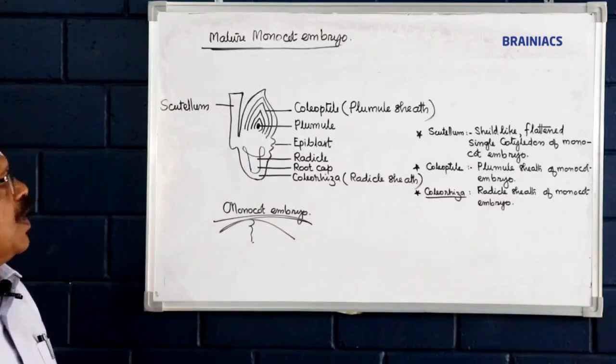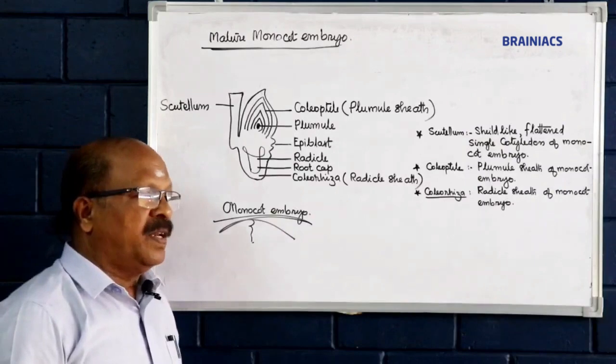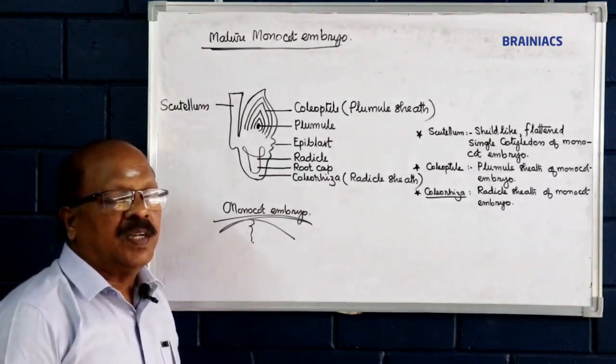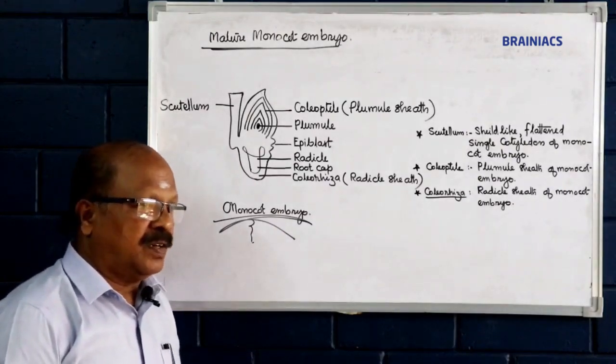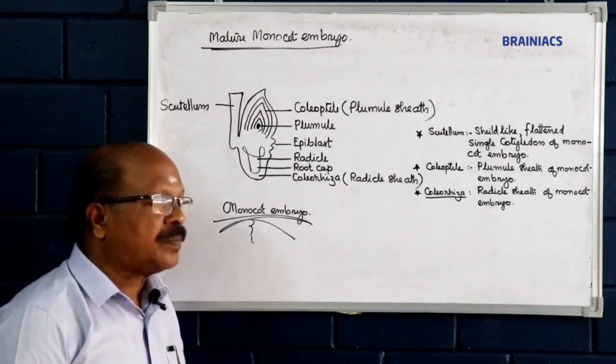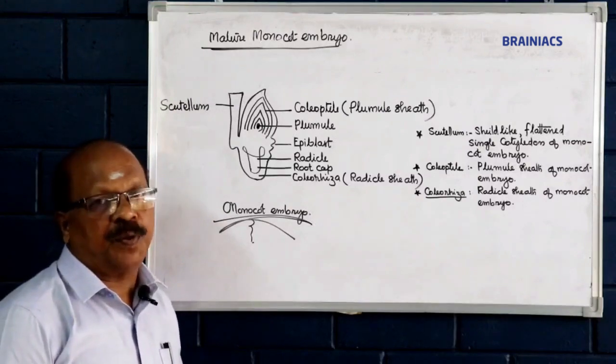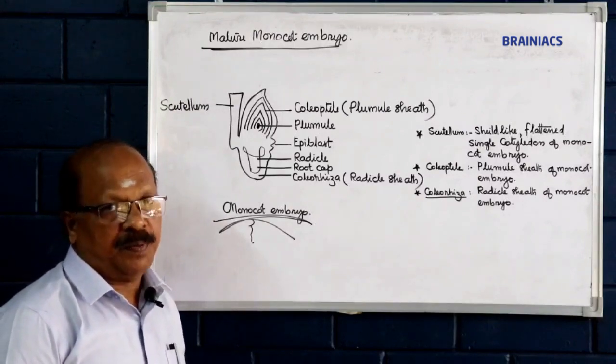See, dicot embryo, monocot embryo. These are all about the events, that is the formation of endosperm and formation and development of the embryo.